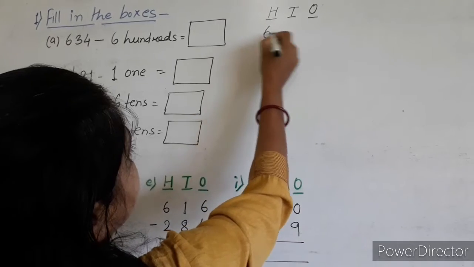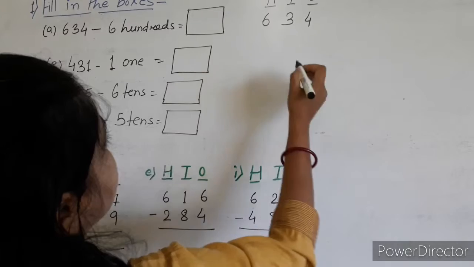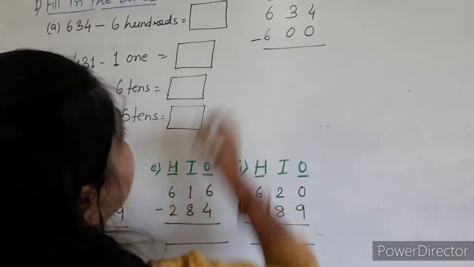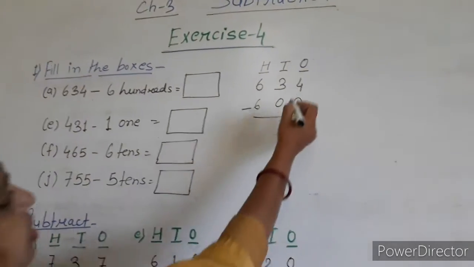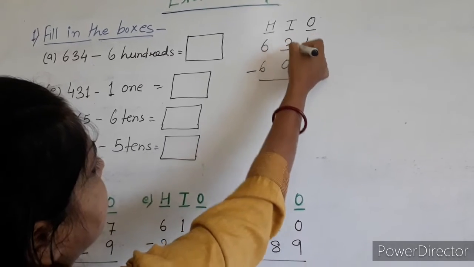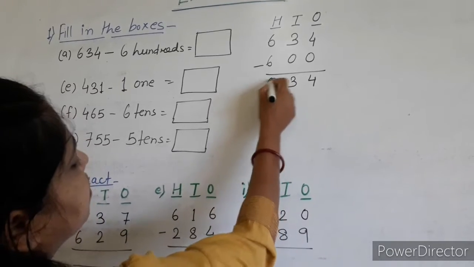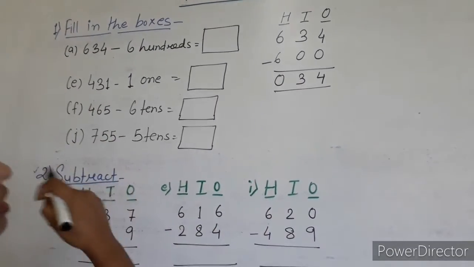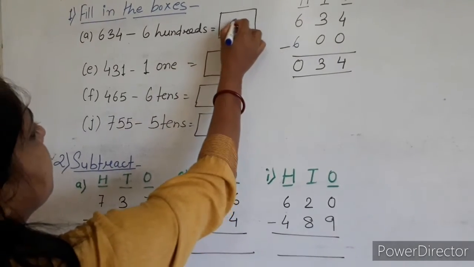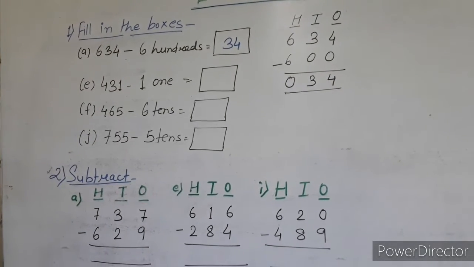Then write 634 and this will be minus 600. 600 means you can write like this, 600. Then you can minus 4 minus 0. The answer will be 4, and 3 minus 0 will be 3, and 6 minus 6 is 0. So like this you can subtract. The answer will be 34.